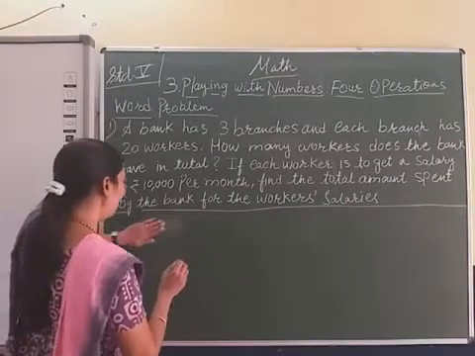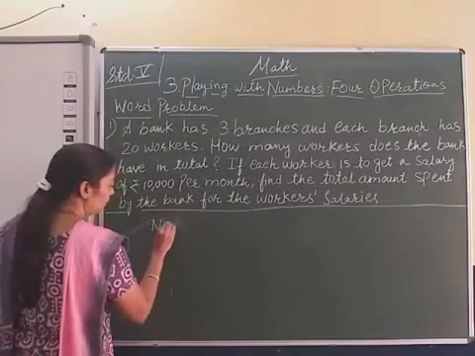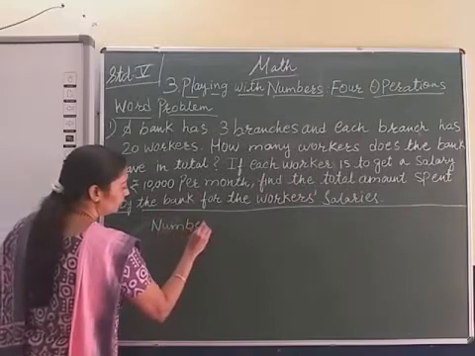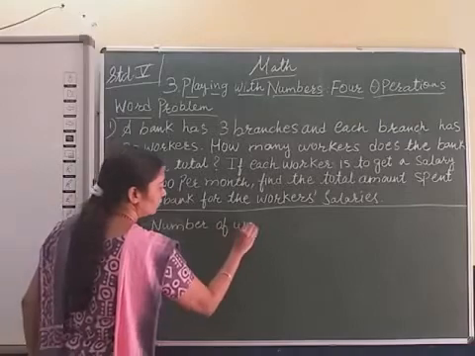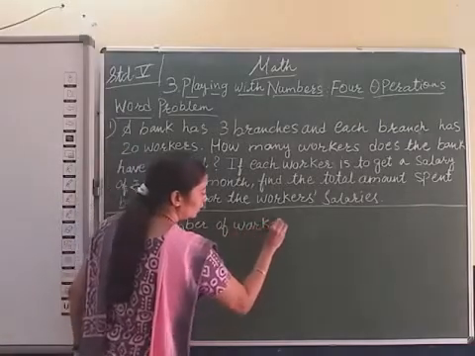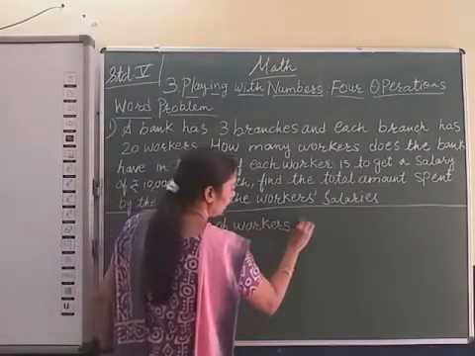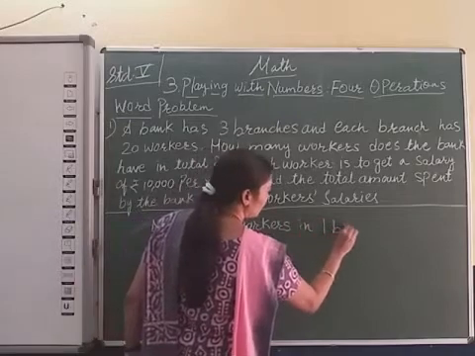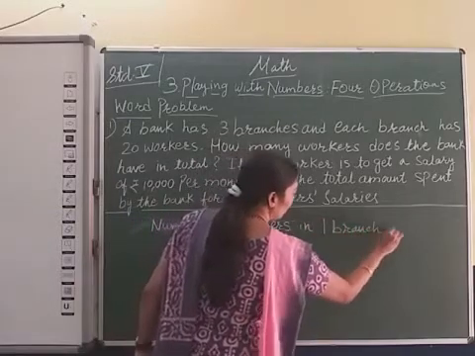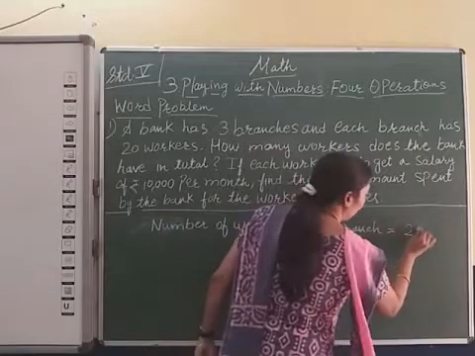Okay, we write here: number of workers in one branch is equal to 20.